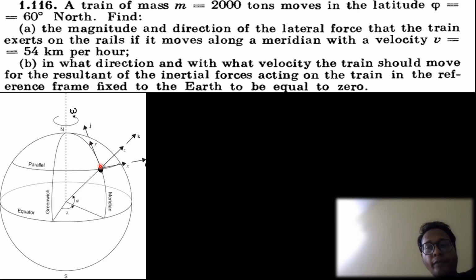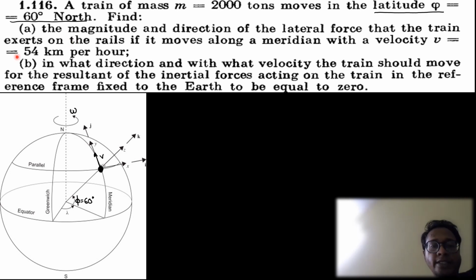At that instant, the latitude is 60 degree north. That means this angle phi is equal to 60 degree. And the velocity of the train is along the y-axis because it moves along the meridian.